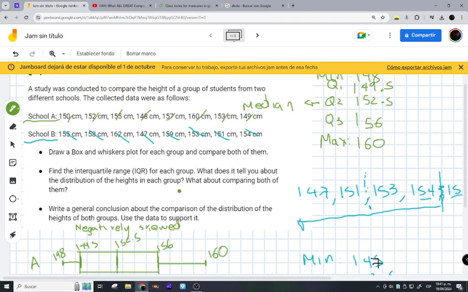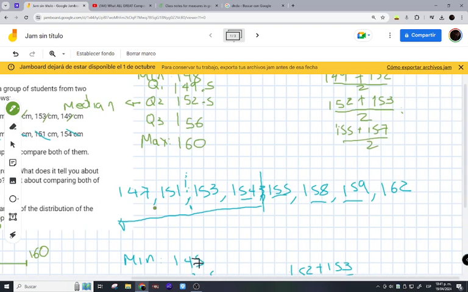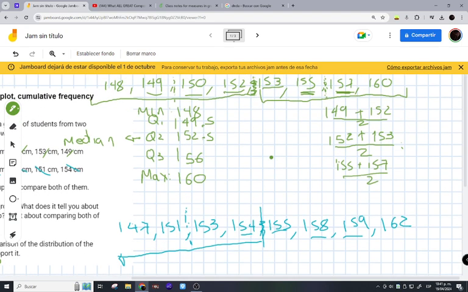But you are also asked to find IQR, which is the interquartile range, and that's found really easily with a formula. The interquartile range is basically just subtracting Q3 minus Q1.